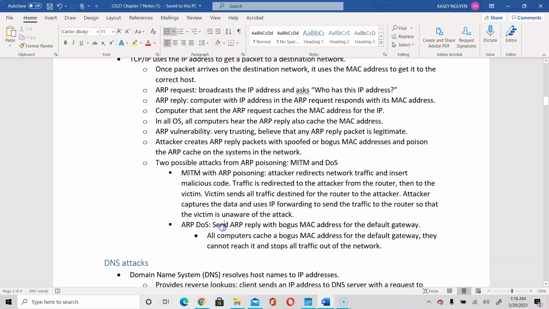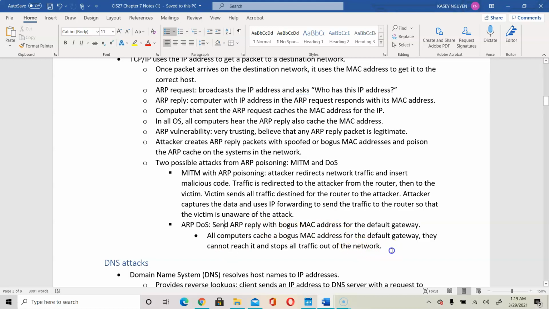ARP DoS is when the attacker sends an ARP reply with a bogus MAC address to the default gateway, which is also a router. All computers cache the bogus address, and they cannot reach it, which stops all traffic on the network.